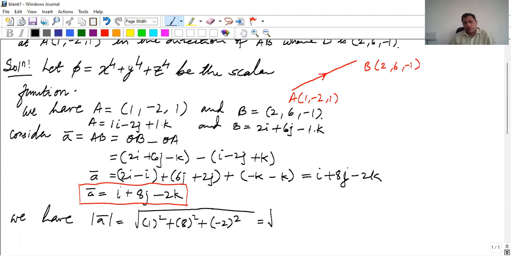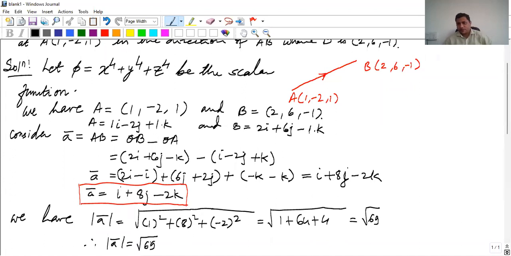What is this term going to be? This is 1 plus 64 plus 4. So what do you get? 69. Yes, sir. Correct. 69 is not a perfect square, so let it be as it is. If it is a perfect square, we take it out; if it is not, then let it be as it is.